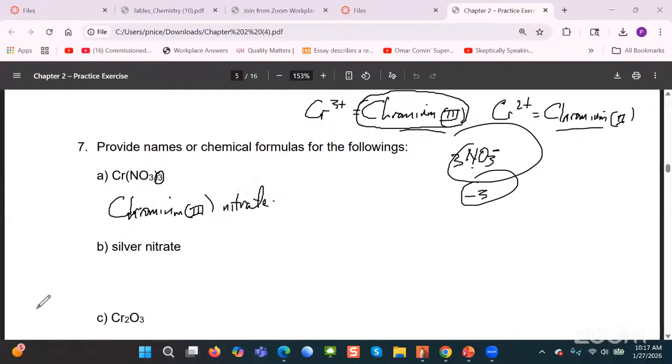So that's the name of Cr(NO3)3, chromium(III) nitrate. Okay. Any questions about this one? Any questions about how I arrived at the answer?